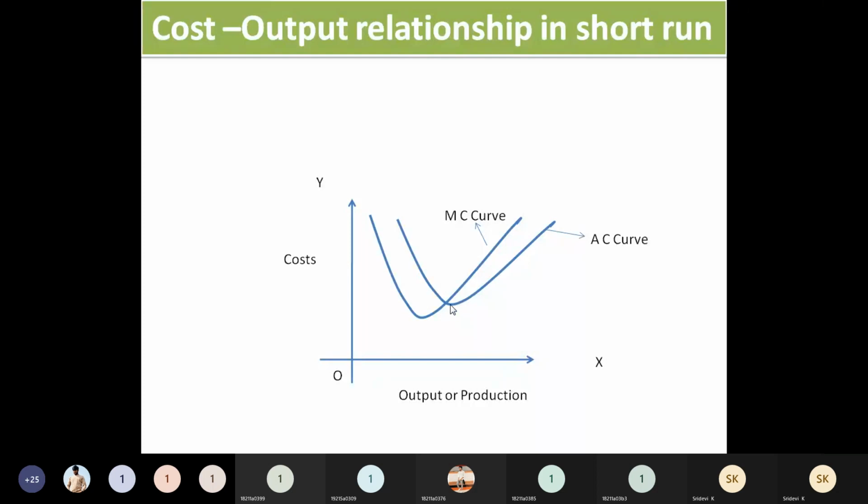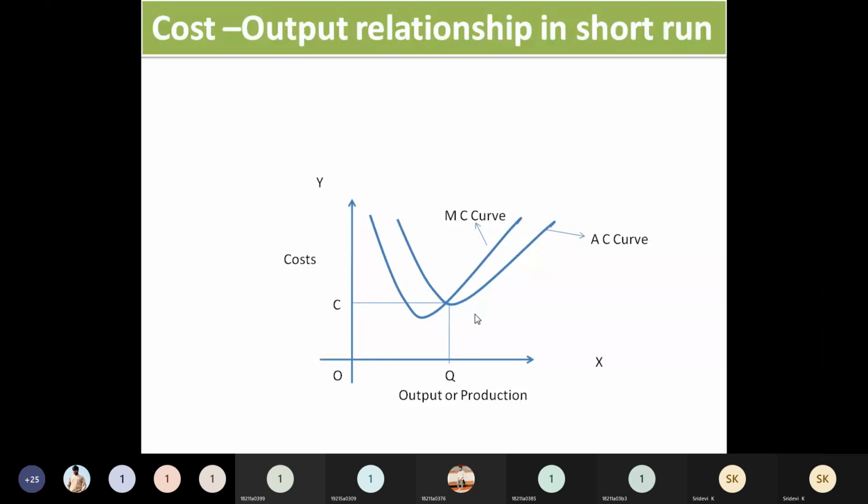And where both the average cost curve and the marginal cost curve are intersecting, we can say that it is an optimum output. So that means to that extent only the company needs to increase the production, because the costs are minimum.